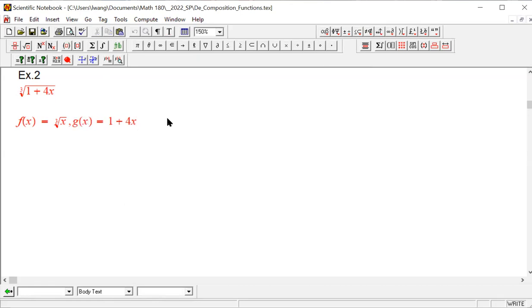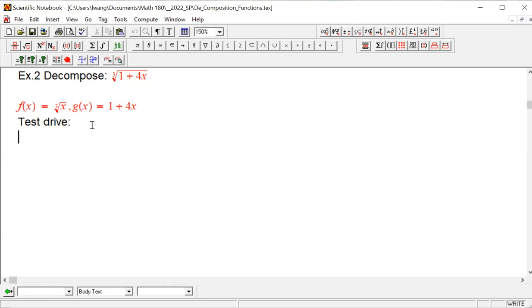Here we go, and we can test drive it. We decompose that and we test drive it. So the function outside, f composite g, we're testing it. f composite g of x equals f of g, where g is 1 plus 4x.